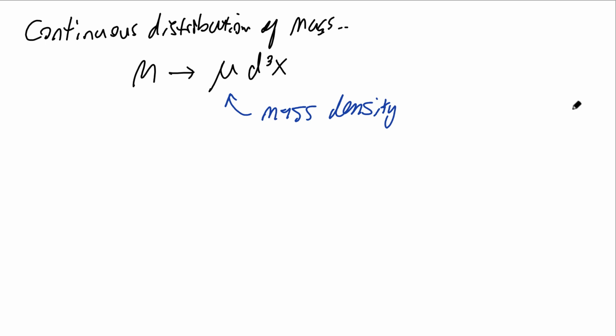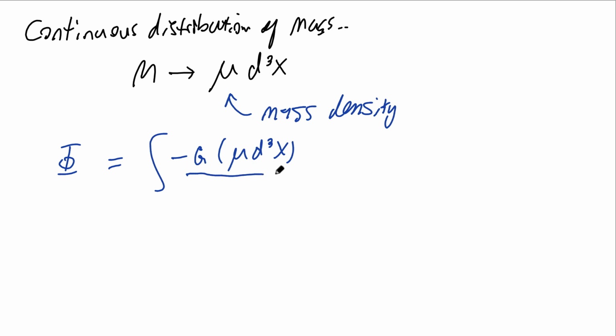And now the potential is equal to a sum, so the sum is an integral, of minus G times m, but m is mu d3x, divided by the separation between little x and the point big X that has the mass density mu. Okay, and this gives the potential at little x.